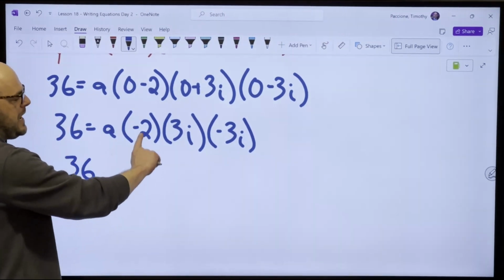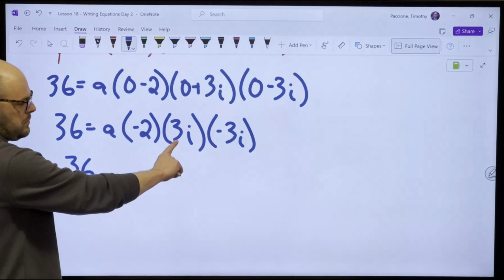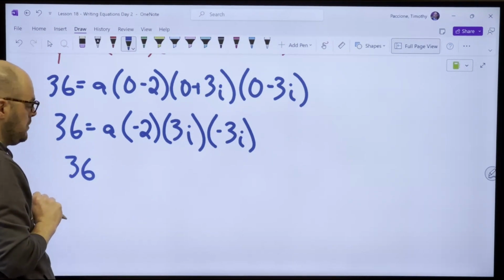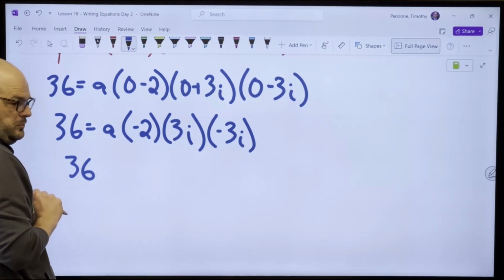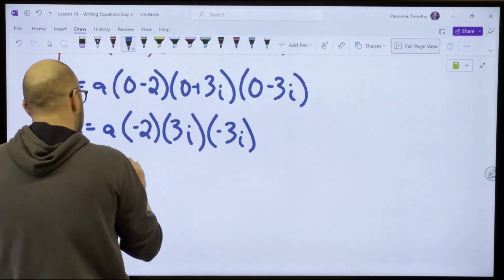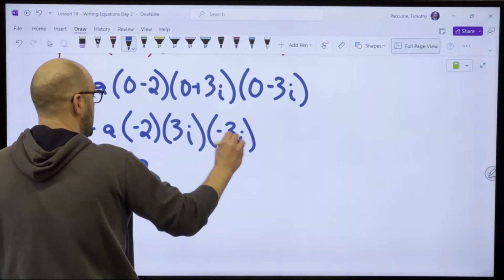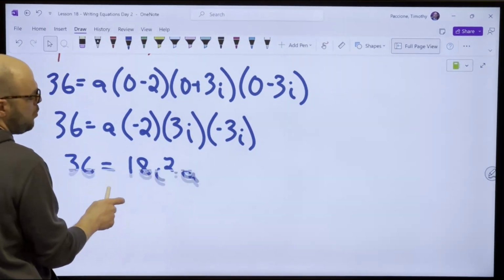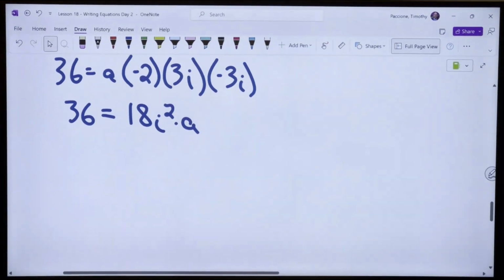Let's just do one at a time. Negative 2 times 3. That's negative 6. And then negative 6 times negative 3 equals 18. So we have 18 and then i squared times a. What do we know i squared is? Negative 1.